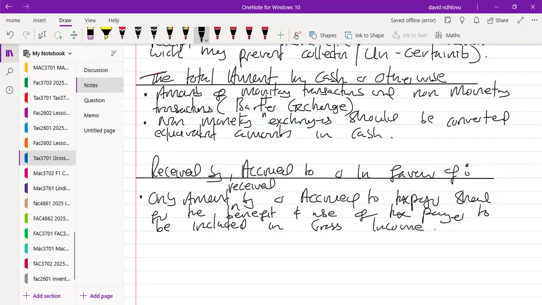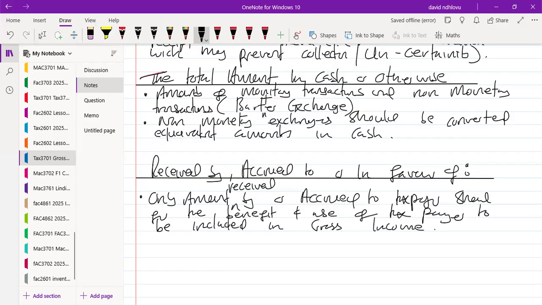It is quite possible that someone receives an amount, or an amount accrues to someone, but it is not for their own purpose or benefit. They are holding it in trust for another. So the amount is taxable in the hands of the person who is going to benefit from the use of the amount. For example, if you run a law practice, you collect monies, but they are not yours at times, they are collected on behalf of clients.